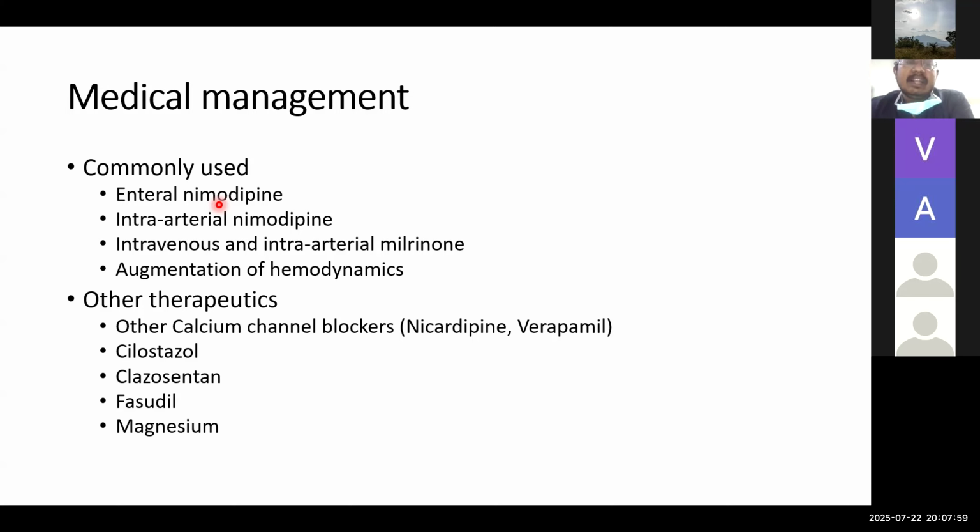Intravenous and intraarterial milrinone, and we go for augmentation of hemodynamics. These are routinely done medical management for vasospasm. Other than that, there are other therapeutics as well, like we use nicardipine and verapamil in various ways. They have tried intrathecal modality, and intracisternal placement of nicardipine, cilostazol, clazosentan, fasudil, magnesium. These are all other therapeutics, but what we commonly use is nimodipine, milrinone, and augmentation of hemodynamics.